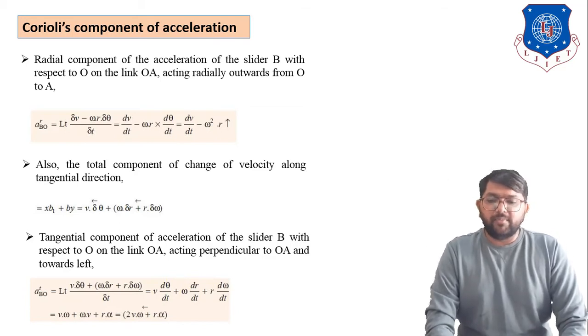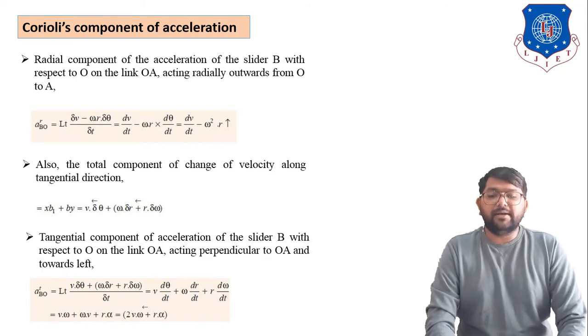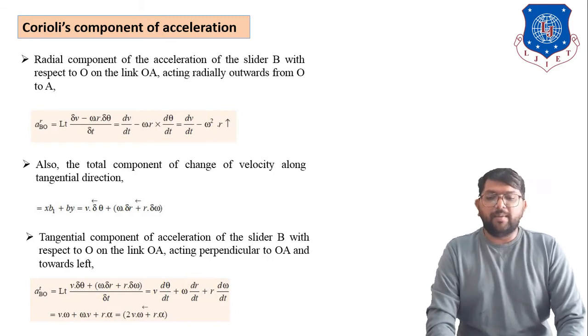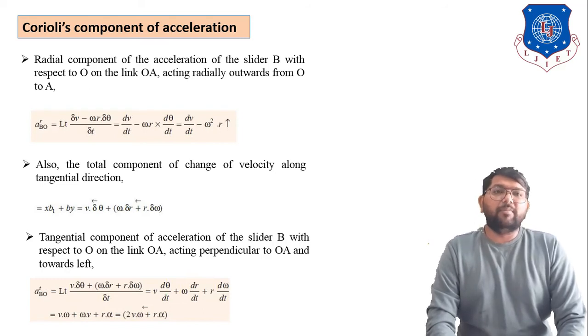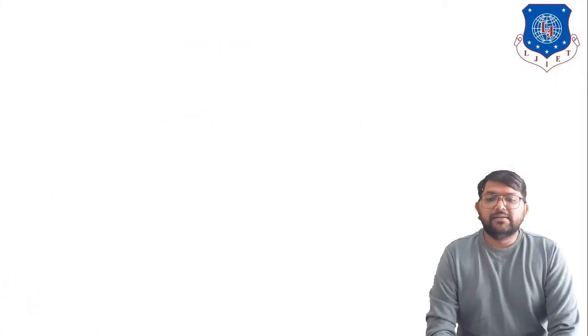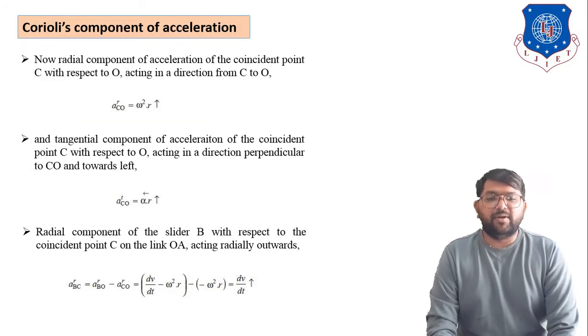So acceleration at BO is equal to limit v delta theta plus omega delta r plus r delta omega upon delta theta, is equal to v d theta by dt plus omega dr by dt plus r d omega by dt, is equal to v into omega plus omega into v plus r into alpha. Alpha is nothing but angular acceleration, so it is equal to 2 times v into omega plus r into alpha. So this is nothing but simple mathematical operation.